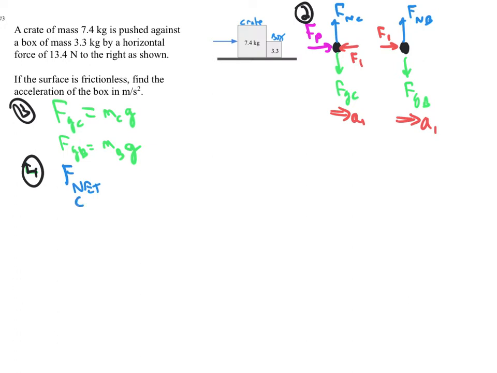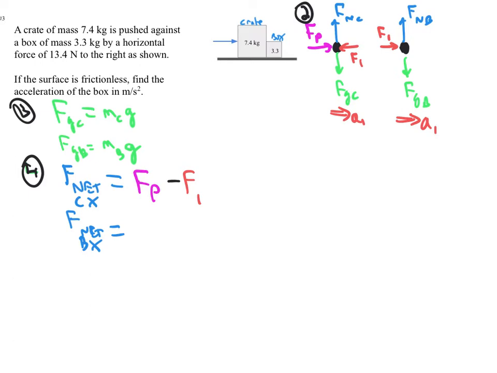So now I'm just going to worry about the crate's horizontal forces and the box's horizontal forces. For the crate, I'm pushing one way and I'm feeling a push back from the other. So I can say something like, this is FP, and there's an F1, and then there's a minus sign between them.